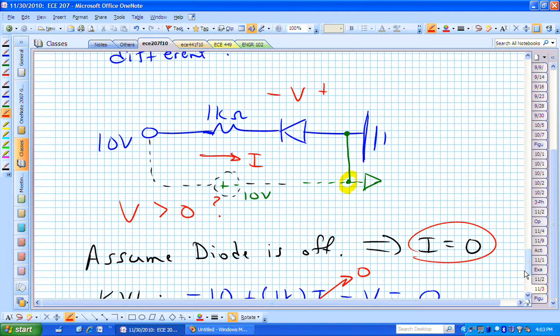Basically, I created this just to illustrate that you can do your KVL and Ohm's law and determine what's going to happen in this circuit, which could be on the final. I could say, analyze this circuit and tell me what I is. And you should be able to do that by just applying KVL and what you know about ideal diodes. Now you might say, what's the point of that circuit?